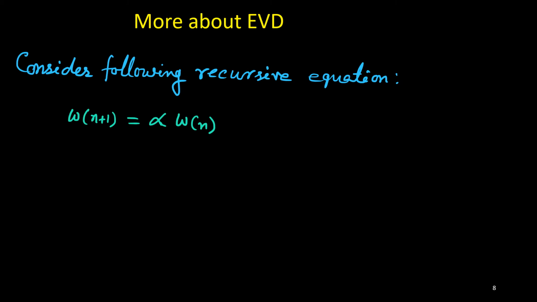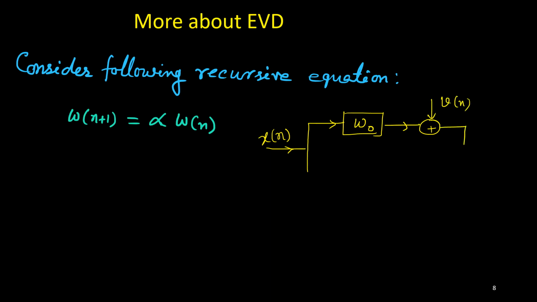So you understand that we are going to consider one system identification problem where we'll have one unknown system. Suppose it's one tap, that is your w0. So the input is x(n), right? And this w0 is the unknown system coefficient, and it can have one observation noise, that is your v(n). Then this is called the desired signal d(n). And to estimate this w0, we will be using one filter. So it is also one tap.